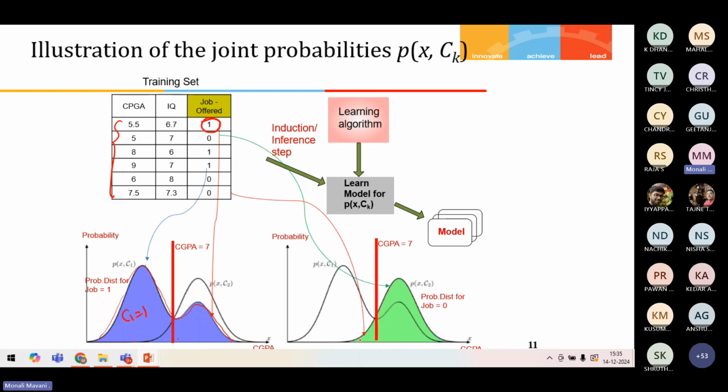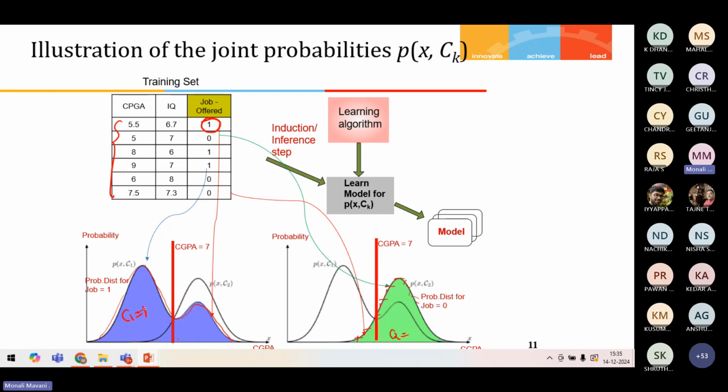It's a probability distribution curve. And then we are taking all the data points of class C2 together, and we get this green curve. So this is the probability distribution curve for the class C2.